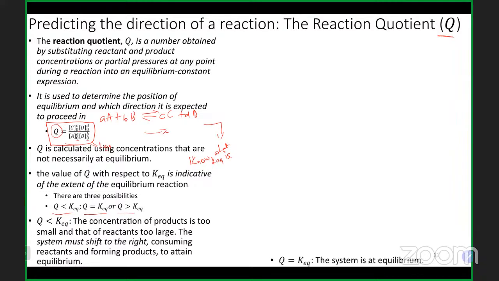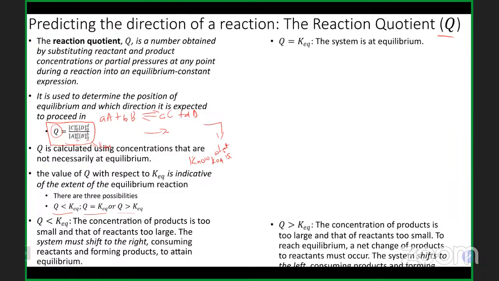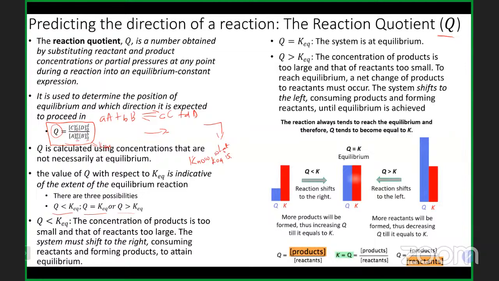When Q is equal to K, the system is in equilibrium, you don't need to do anything. When Q is greater than K equilibrium, then you know that you need to shift your equilibrium to the reactant side. So this is a diagram to say that when Q is less than K equilibrium, you shift to the right, that's to the product.